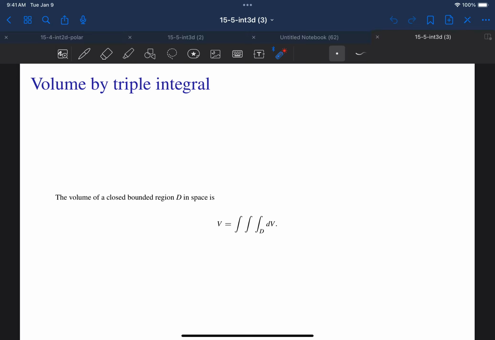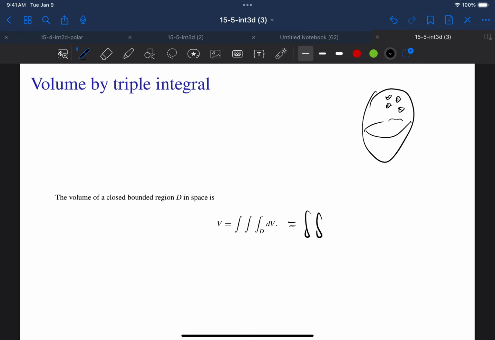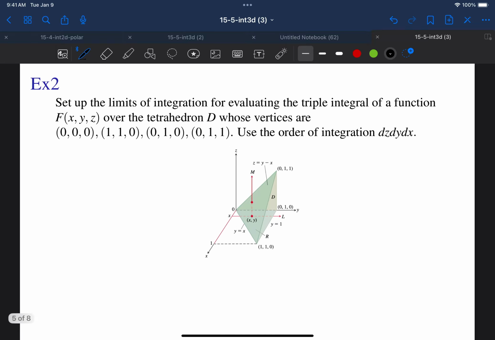Suppose we have a certain three-dimensional object, then we want to put a lot of three-dimensional cubes whose face value is $1 and collect them, which means this is the triple integral with integrand 1 and dV. So this is the volume, and we're going to look at the first example.